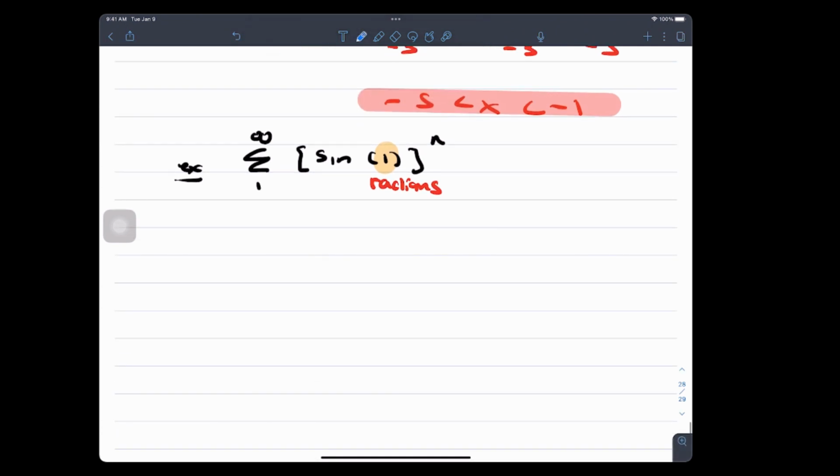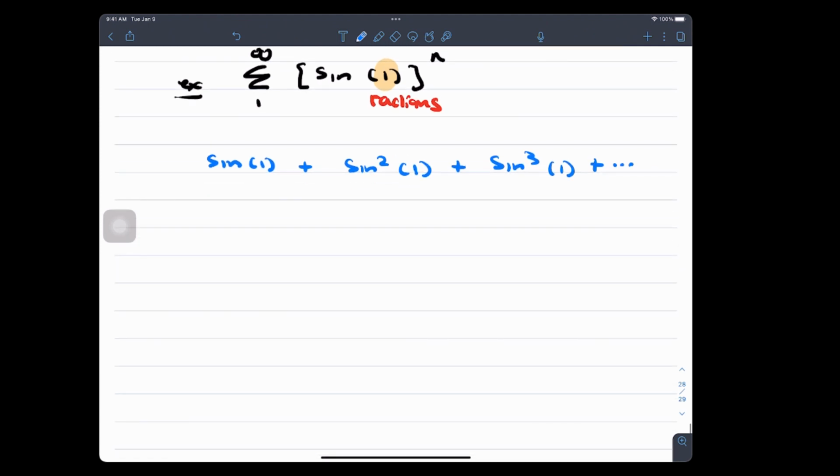So if you look at the terms, this is really sine to the first power plus sine squared plus, just keep raising those powers forever. So this is your A. This is AR squared.